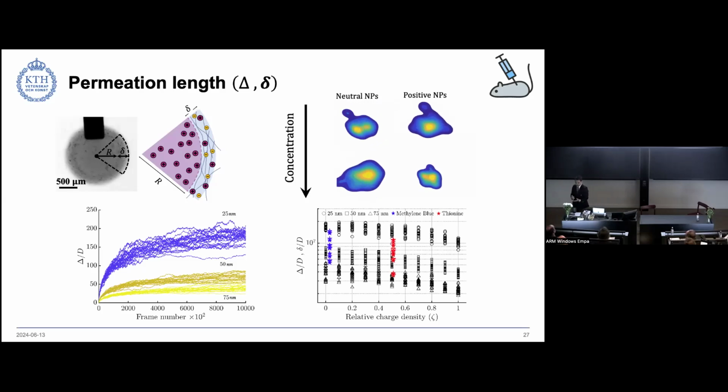With considering the effect of concentration, the positive nanoparticles can diffuse at a lower rate. So we measured these permeation lengths for different cases, and we plotted them for the simulations and experiments that we have, and we got almost not the same results, but at least the trend is the same.